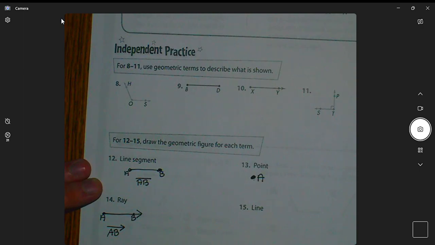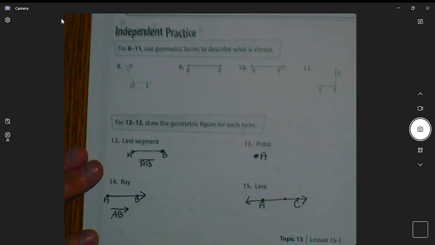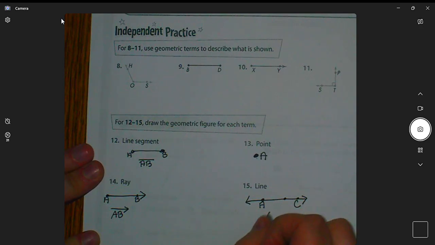A line is an object that extends both ways forever, and it will cross through multiple points. Now, the way I name it is by its beginning point that I see and the ending point that I see. And I show it by drawing a little line and saying AC for line AC.